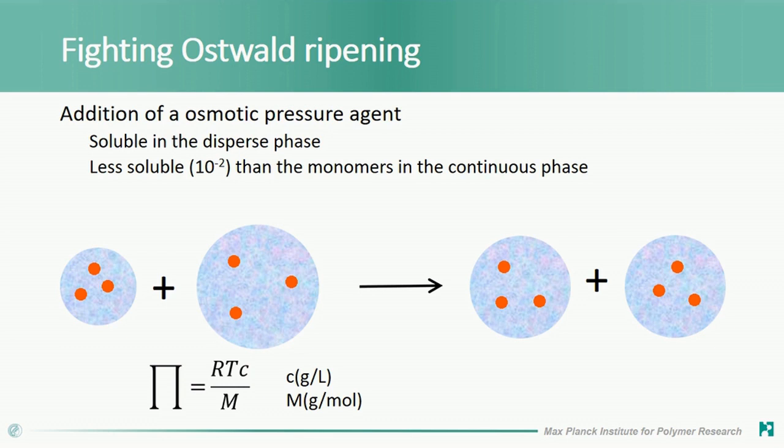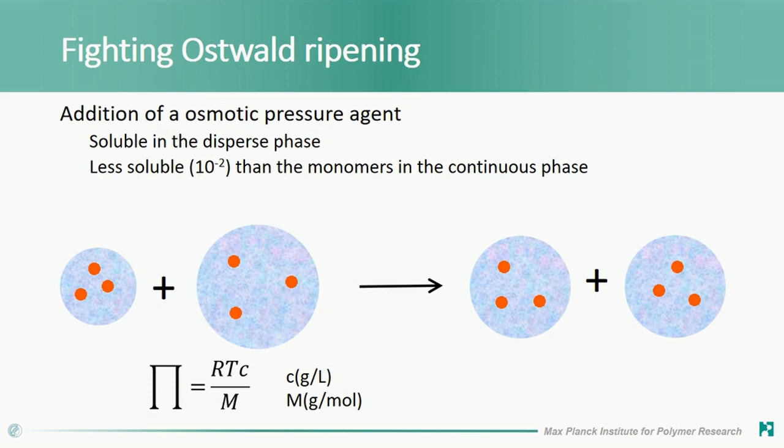So there's a drive to dissolve some more, to dilute the osmotic pressure agent. So for our droplets, what it will lead to is to try to reach a condition where the pressure in all the droplets is equal, since those molecules cannot be dispersed in the continuous phase around.